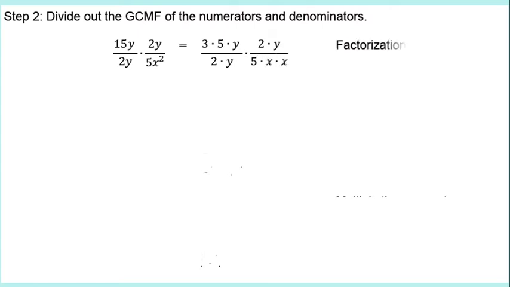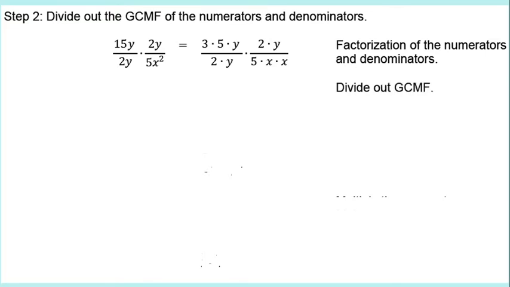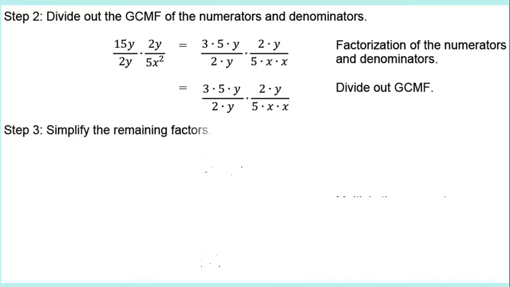So 15y over 2y times 2y over 5x squared is equal to 3 times 5 times y, 2 times y, all over 2 times y times 5 times x times x. This is the factorization of the numerators and the denominators. Now, we divide out the GCMF. This is a long method. We divide out y, and then 2.